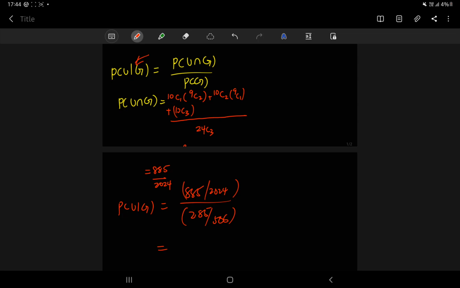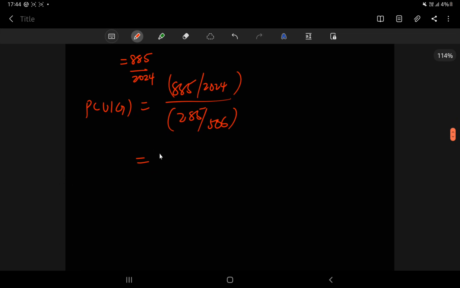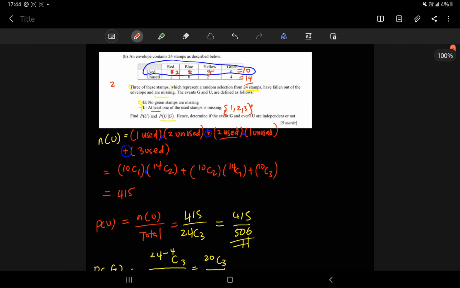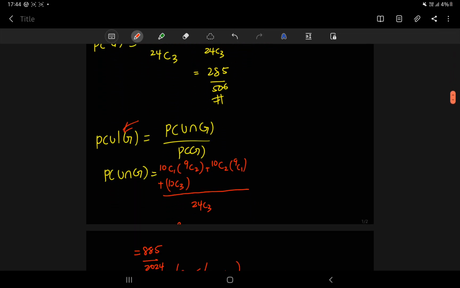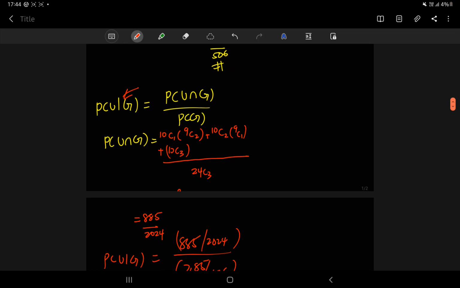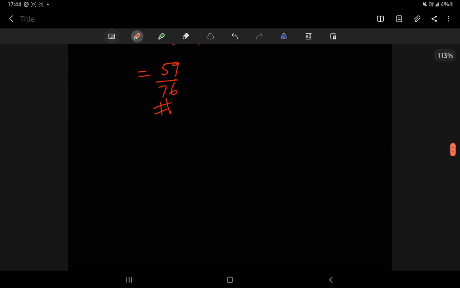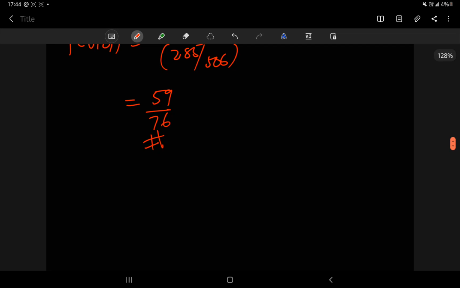So just press into the calculator. 285 divided by 506 is 59 over 76. Okay, so we got that right. So I hope everything is correct. I'm not sure if this is the correct answer or not, but just pray for the answer to be correct.